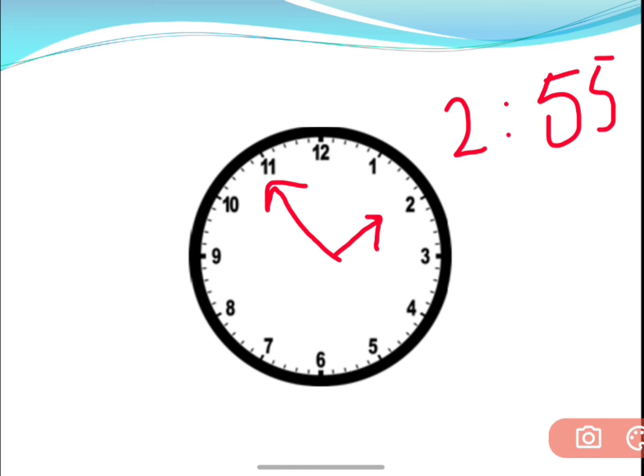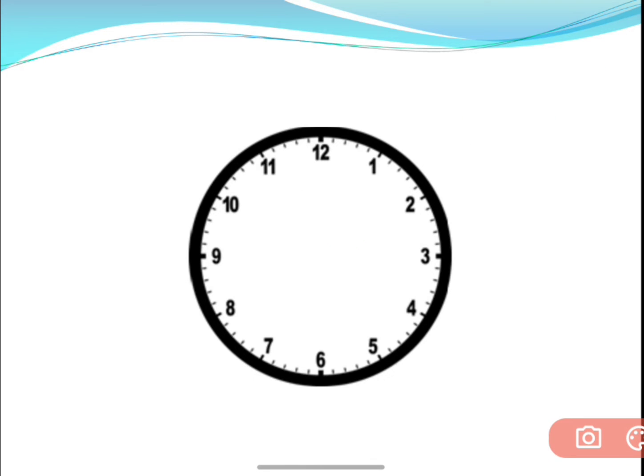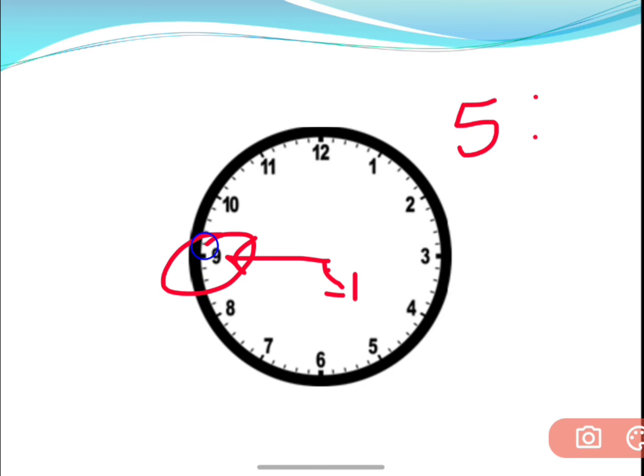Children, in that way, it is the same for all the numbers. For example, if the short hand is pointing towards 5 and the long hand is pointing towards 9, then for the short hand you will write 5 as it is, and for the long hand 9, 5 nines are 45, that means 5:45. You understood, children?